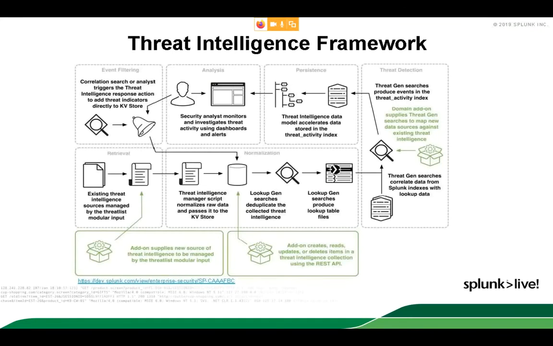Okay, so this is a basic threat intelligence framework, where what it does is it filters the events coming in from your end data sources. Once that is filtered, it goes into a normalization mode where it does a lookup with the threat intelligence database and finds the matching IOCs on the events coming in.